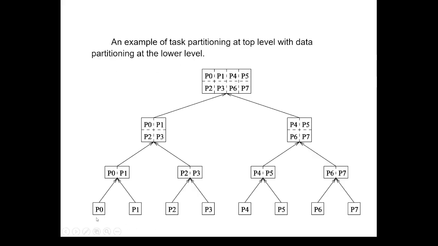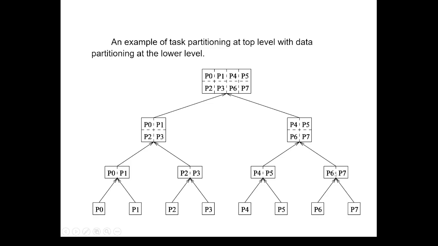Contoh, kita partitionkan this process, okay, and then we combine, okay. So example of task partitioning at the top level with the data partitioning at the lower level. So dekat top level kita task partitioning, di mana di sini kita bahagikan this process into two. Okay, dekat bawah ni kita tengok daripada bawah, okay, this process P1 P0 ni kita combinekan dia, okay, menjadi dua proses, okay, P0 dengan P1, P2 dengan P3, P4 dengan P5, P6 dan P7.